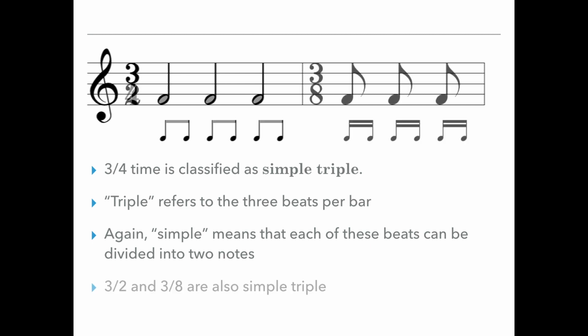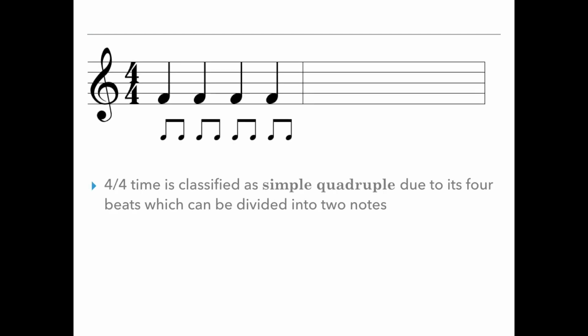Another couple of examples. We've got 3/2, that's 3 minim beats per bar, and each minim beat can be divided into 2 equal crotchets. And then 3/8 is 3 quaver beats per bar, and each of those quavers can be divided in half to semiquavers.